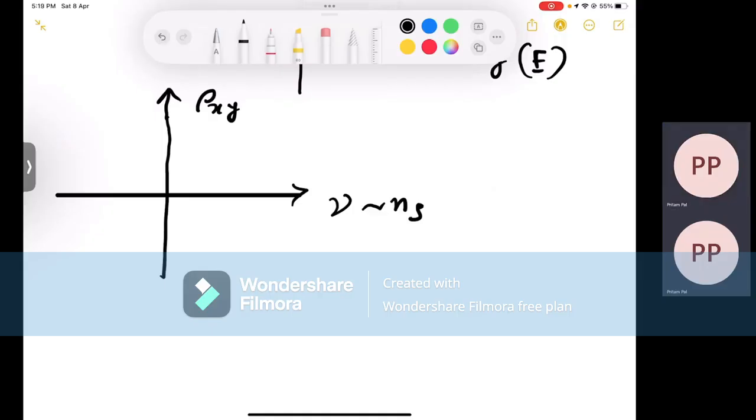But sorry, I have to use sigma. Rho stands for the resistivity, but I want to plot how it will be for the conductivity, so I need to write sigma instead of rho.